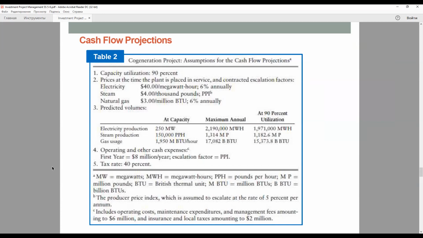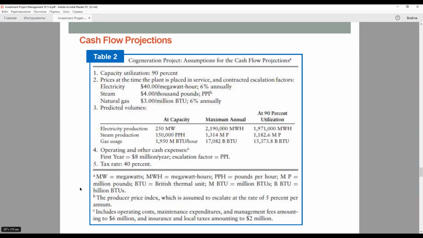The gas supply agreement escalates the gas price to match future increases in electricity prices, which were used to prepare the revenue projections. And the management fee and other operating expenses will also increase with the PPI, and management fees are included in the line operating and other cash expenses in this table.